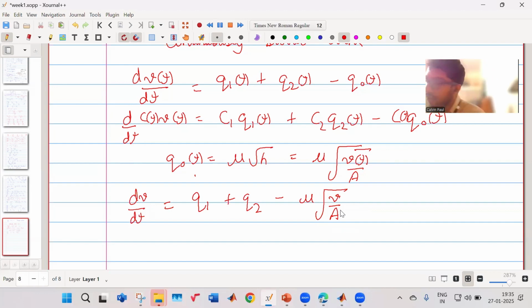First of all, let us understand that there are two inputs and there are two outputs. And also, is this a linear or non-linear system?